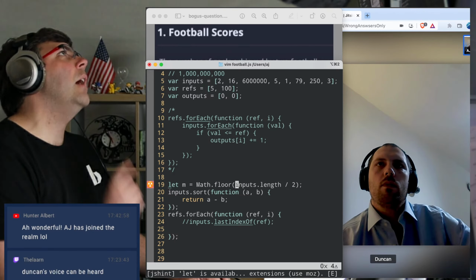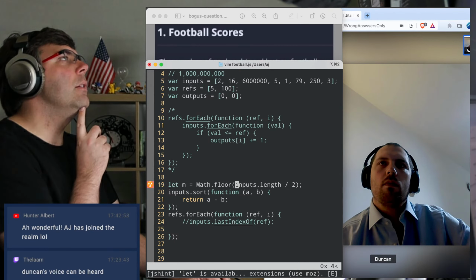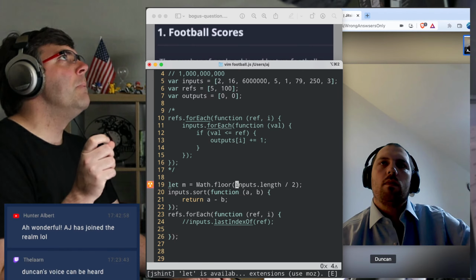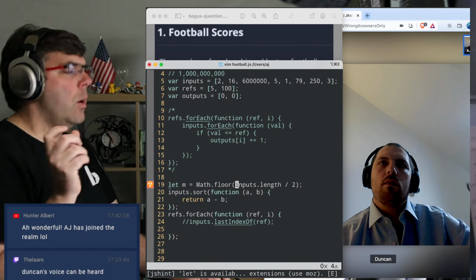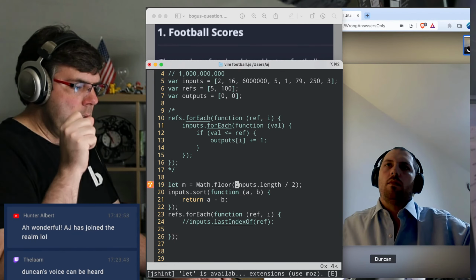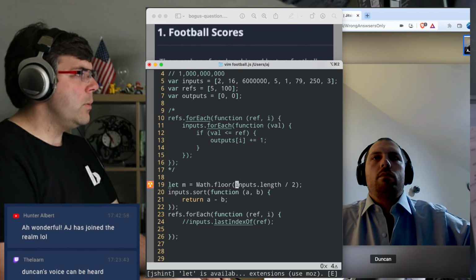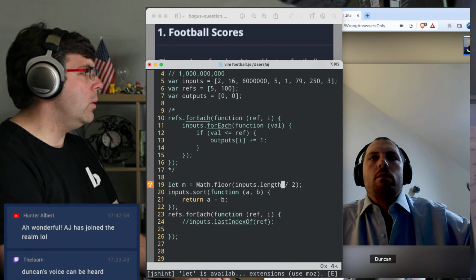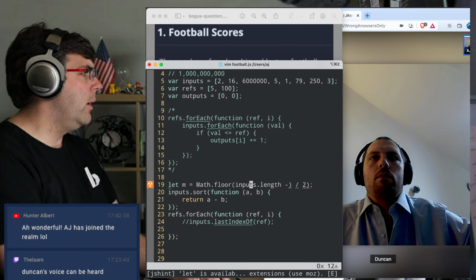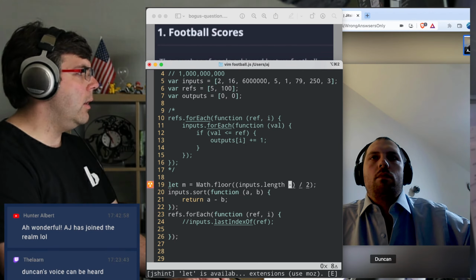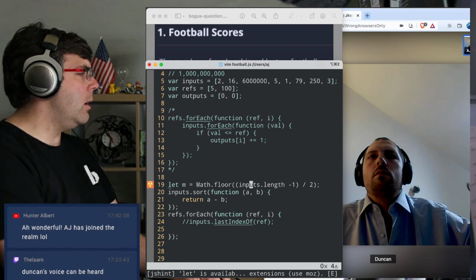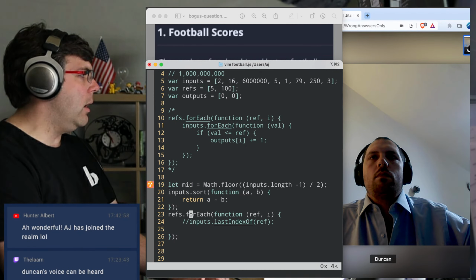Yeah. Well, I've got to think if I'm off by 1 on this, because if the length is 30 and we divide by 15, if the length is 0, then this would be wrong. So we need to do length minus 1 divided by 2. Oh, I didn't hit the 1 there. So this is going to be our middle. I'm going to call it mid, or maybe we'll just leave it at M.